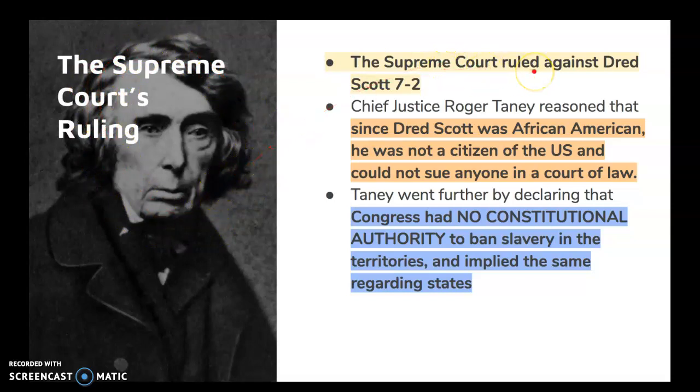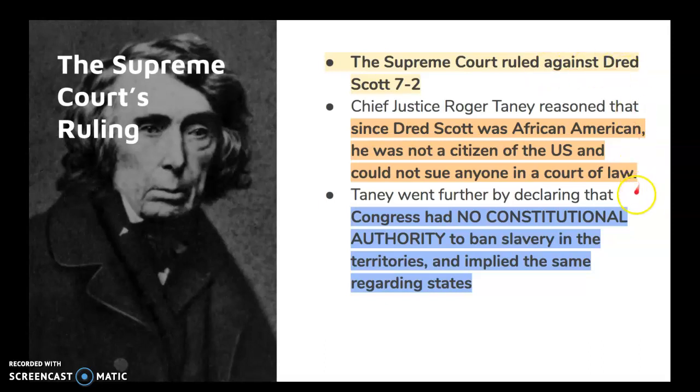The Supreme Court ruled against Dred Scott 7-2, so it wasn't even a close decision. So Chief Justice Taney reasoned in his decision that since Dred Scott was an African American, he was not a citizen of the United States, and therefore he didn't even have the right to sue anybody in a court of law.